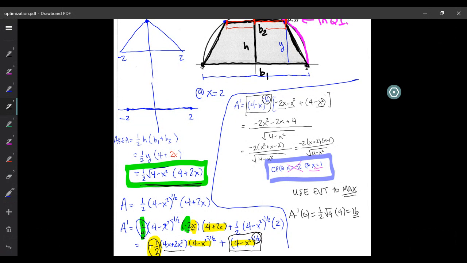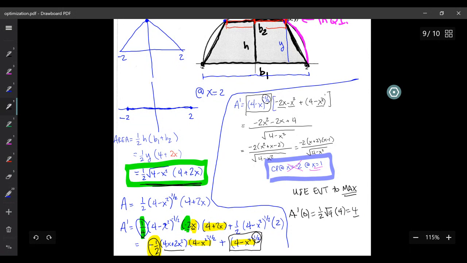Plug a 0 in, I get a 4. Oh yeah, that's a 1/2, not a multiplied by 2.